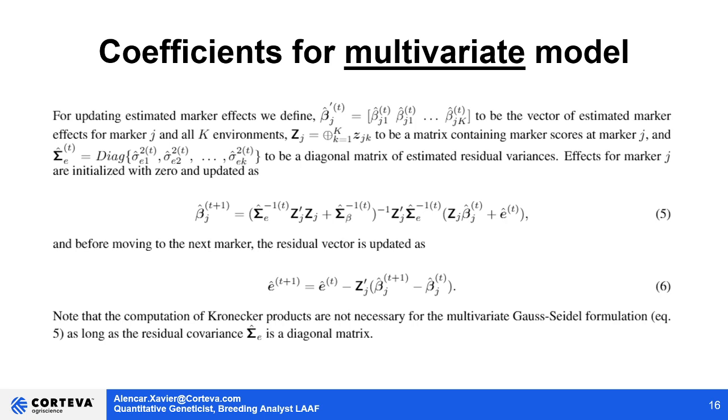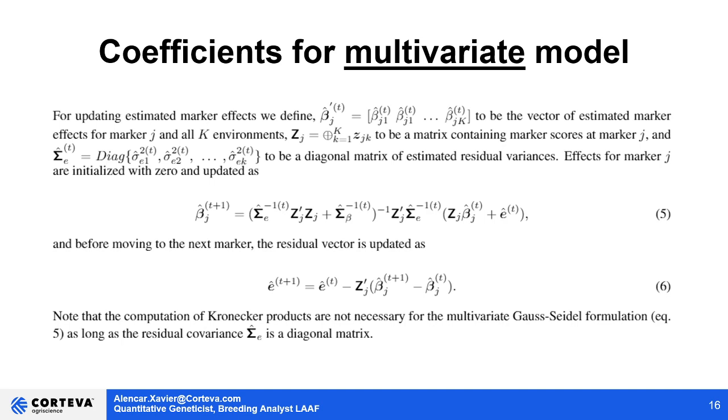How would that look in the multivariate setup? Well, the formulation is rather similar, except that when we update a marker, we update that marker effect not as a single value, but as a vector, because of the marker effects associated with the multiple traits.